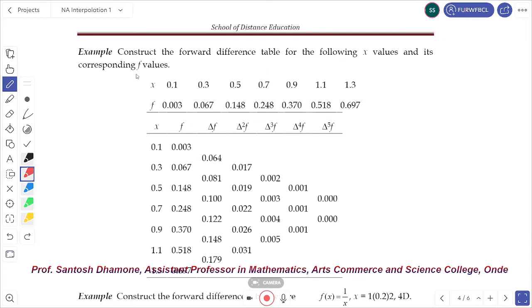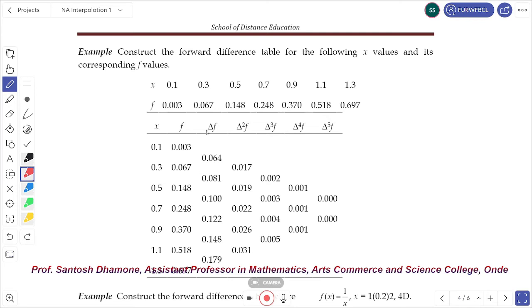Now we construct the forward difference table for these values. The first column contains the values of x, which are 0.1, 0.3, 0.5, 0.7, 0.9, 1.1 and 1.3. The second column contains the values of y, that is the values of f, which are 0.003, 0.067, 0.148, 0.248, 0.370, 0.518 and 0.697.